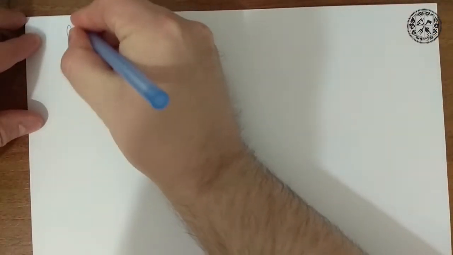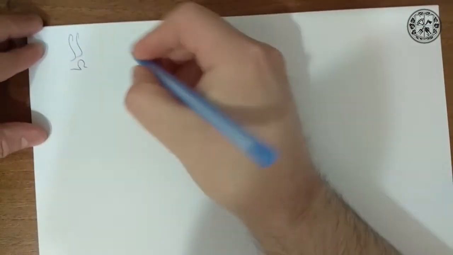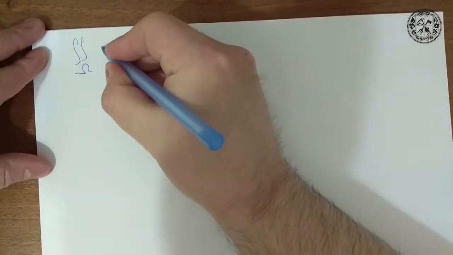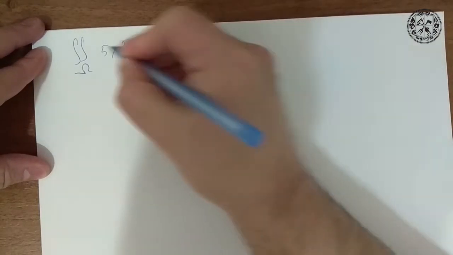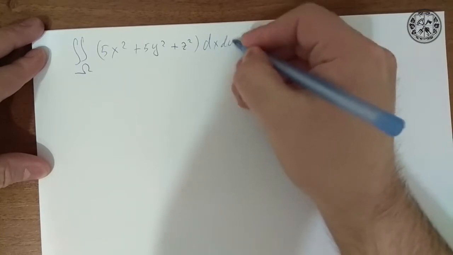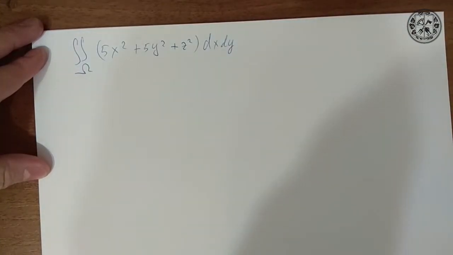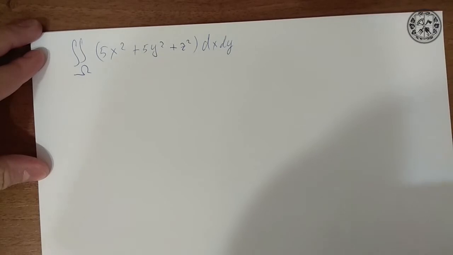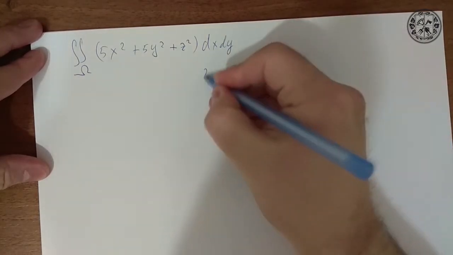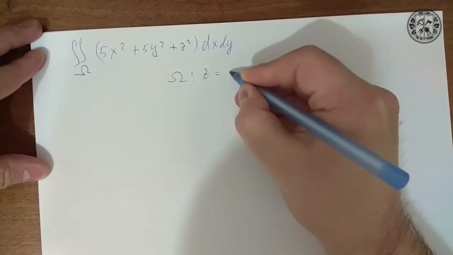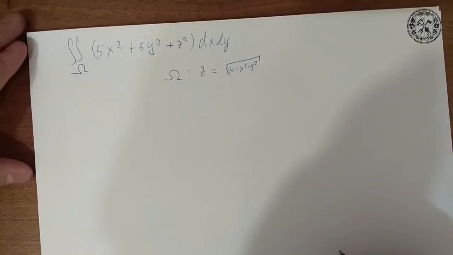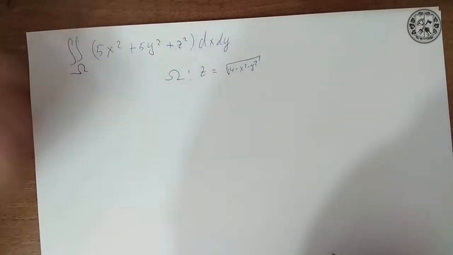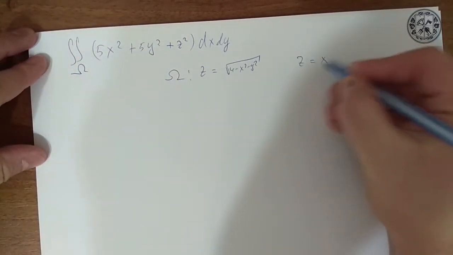Let's consider one more problem. We have the integral of the second kind by surface omega of (5x squared plus 5y squared plus z squared) dx dy, where omega is the outer part of the hemisphere z equals square root of 4 minus x squared minus y squared, and this hemisphere is cut out by the cone z equals x squared plus y squared.